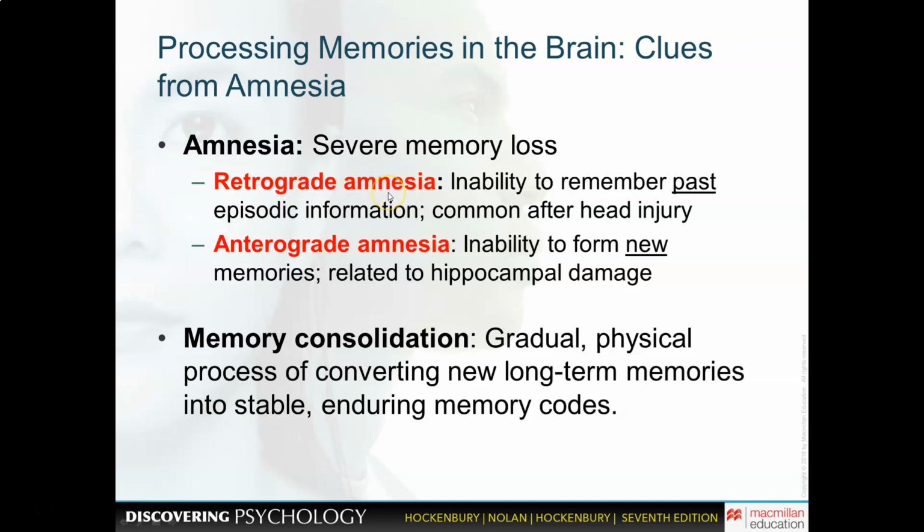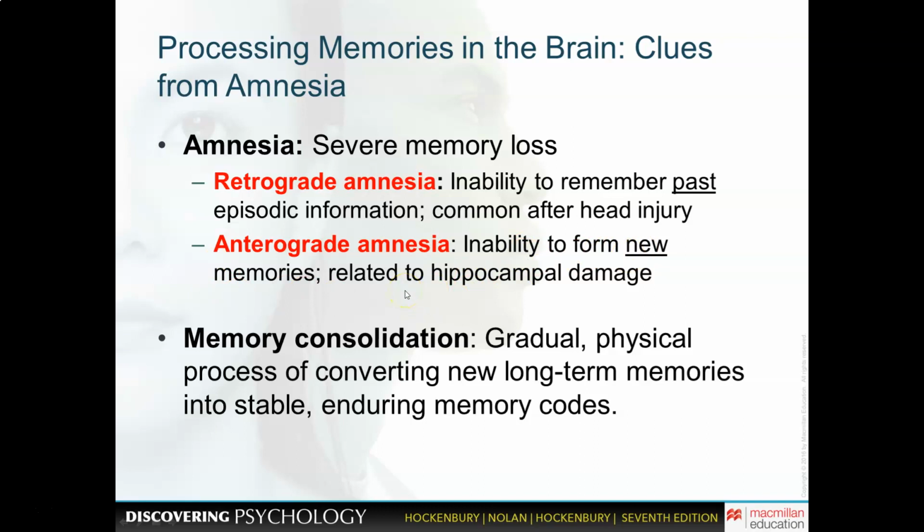Retrograde amnesia is the inability to remember past information. Okay, usually occurs, like it's real common, after a head injury or something. Okay, on the other hand, there's what's known as anterograde amnesia. And that refers to the inability to form new memories.